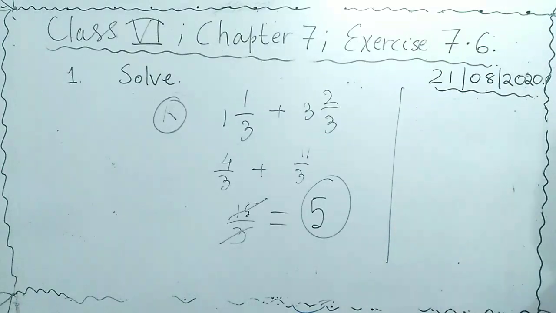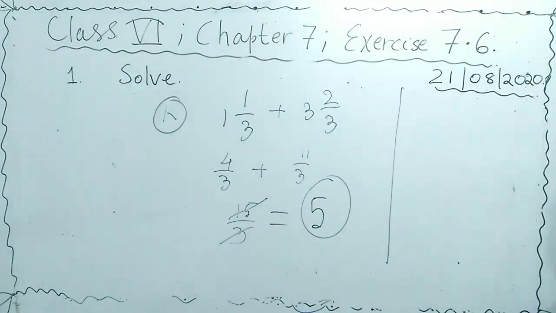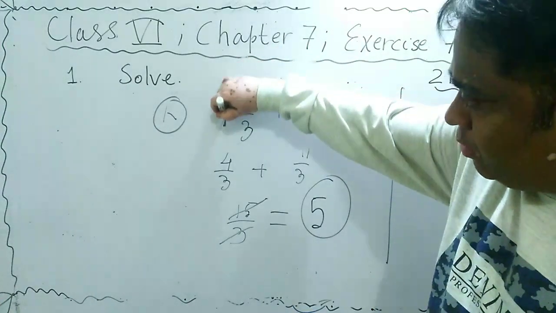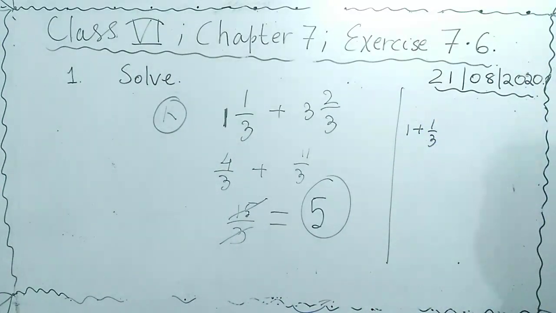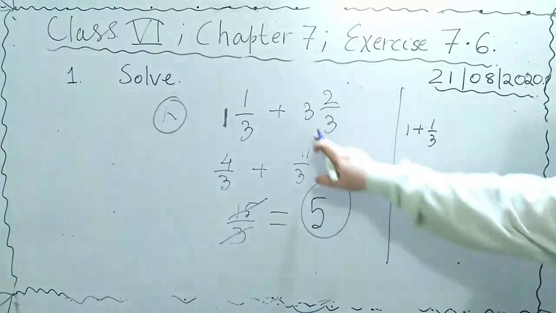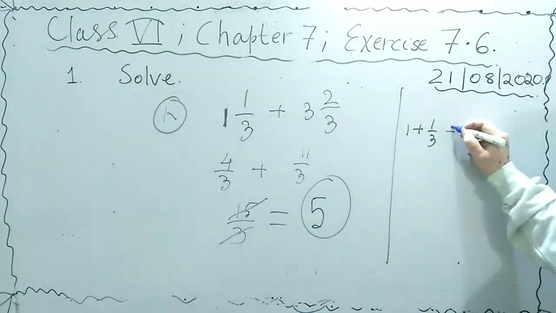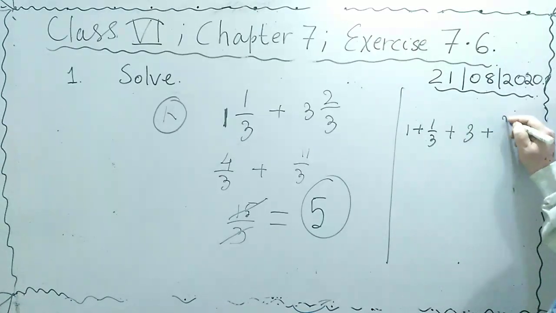I am explaining this once again. 1 1 by 3 is a mixed fraction. This fraction is greater than 1 because it is 1 plus 1 by 3. 1 1 by 3 means 1 plus 1 by 3. And 3 2 by 3 means 3 plus 2 by 3.